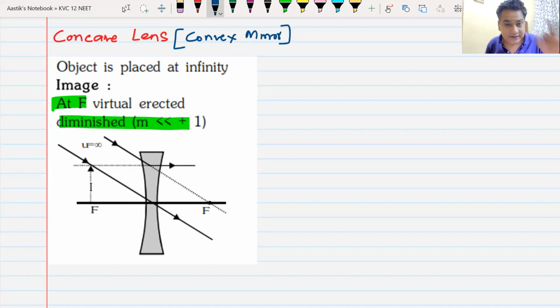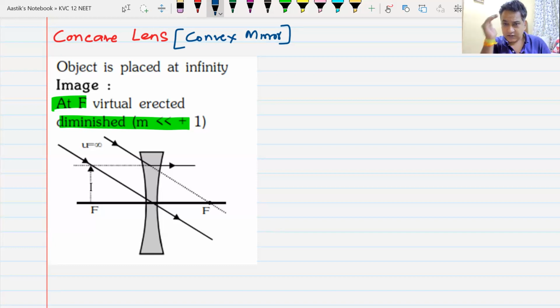The only difference here is, remember, for a lens, a real image is formed on the other side. If the object is here, the real image will always be on the other side. But for a mirror, the real image is on the same side as the object. Do we understand this? That is the only difference.